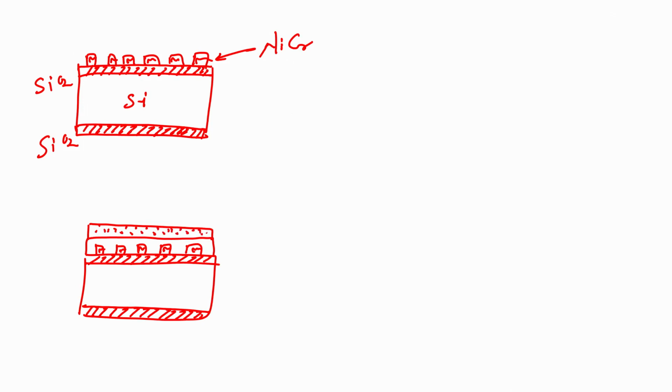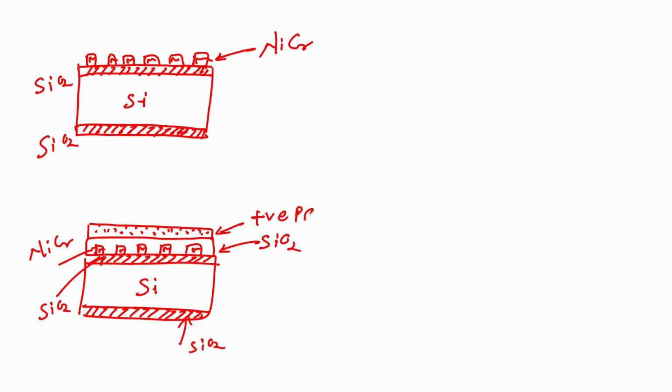So, if I write it down so you do not get confused: this is my insulating material, silicon dioxide, this is my heater which is nichrome, this is silicon dioxide from thermal oxidation, this is my silicon substrate, and this is my positive photoresist.